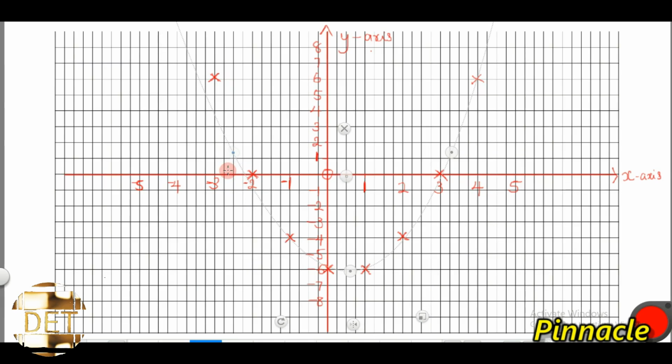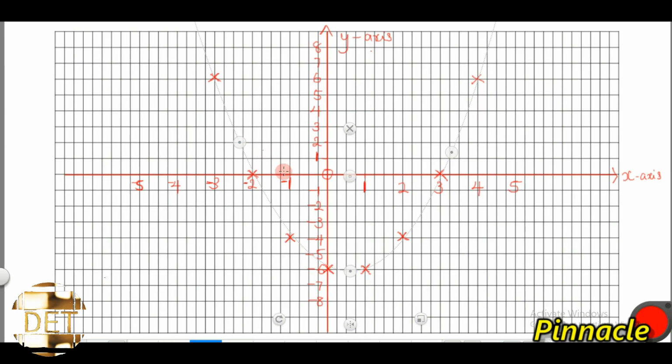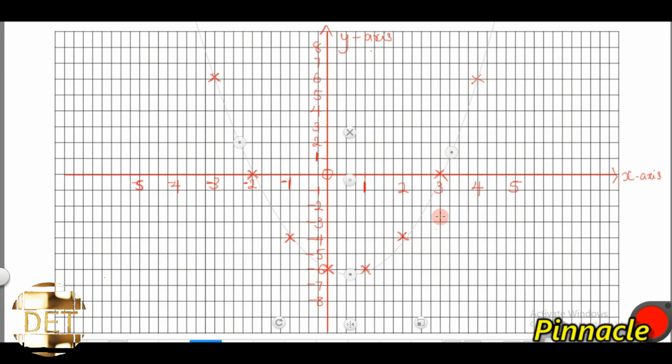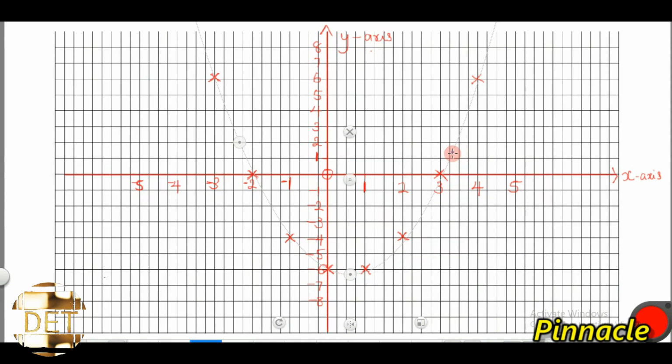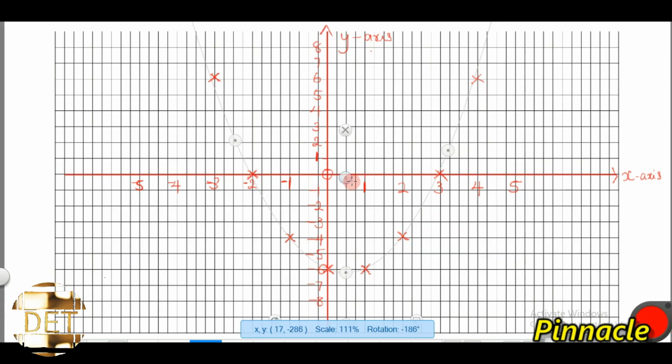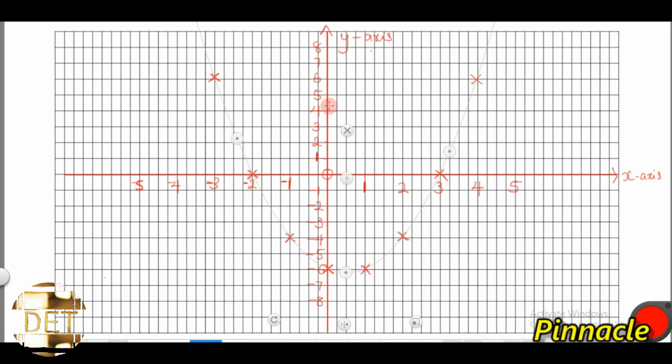So I'll put it here like this. What I would want to do is to draw my line.